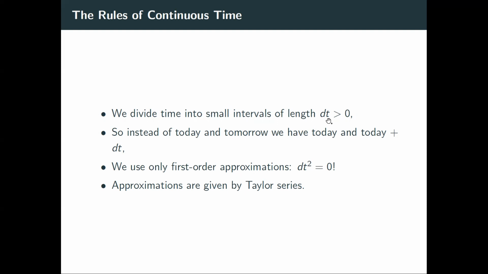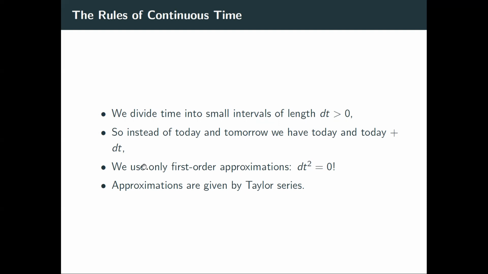So instead of, in discrete time, having today and tomorrow, t and t plus 1, now in continuous time it will be today, time period t, and tomorrow will be t plus dt.